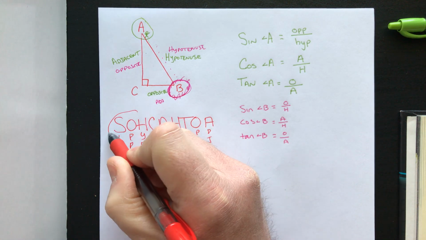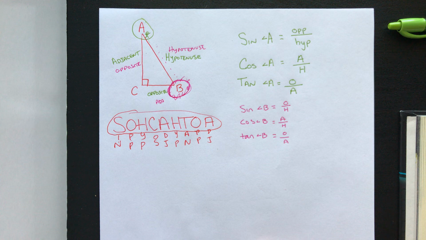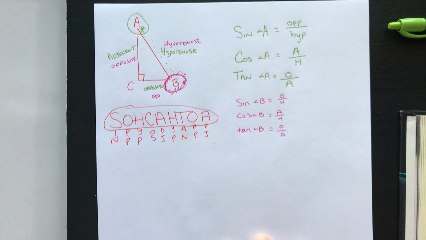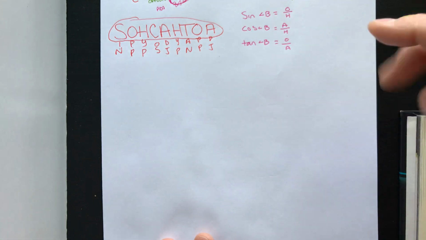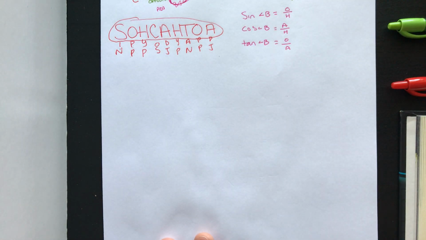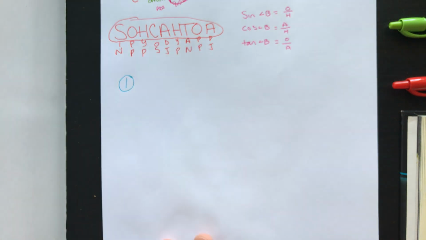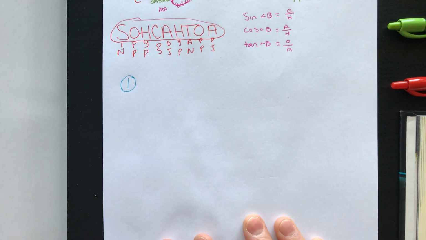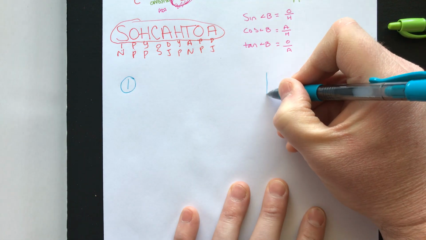So if you can just remember SOHCAHTOA, then that will help you, okay? So let's start doing these problems and see how we do, okay? So let's do problem number 1. And problems 1, 2, and 3, they are all using this triangle, all right?